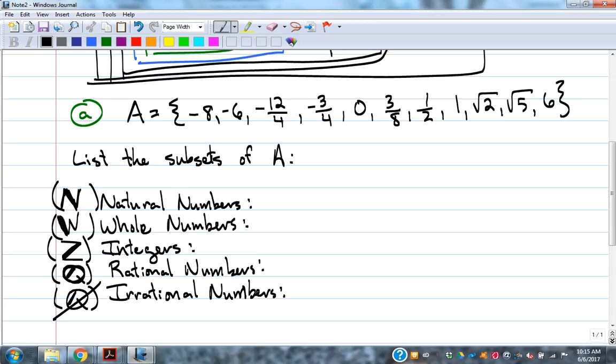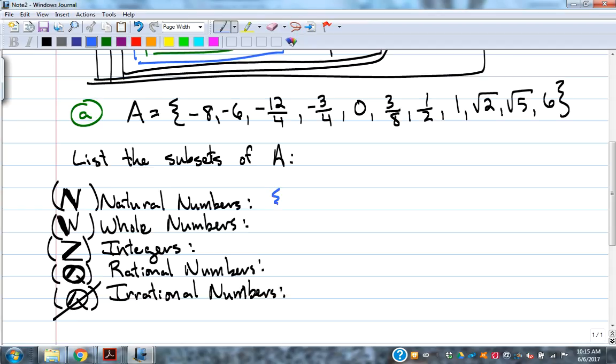Okay. So what our job is on this example is to look at that set A that I've written there, and we're going to list every number that's a natural number on there, so a counting number. And then we're going to look at that set and list all the whole numbers. It's okay. There should be numbers that fit into more than one category. So we're marking them into the categories they fit in.